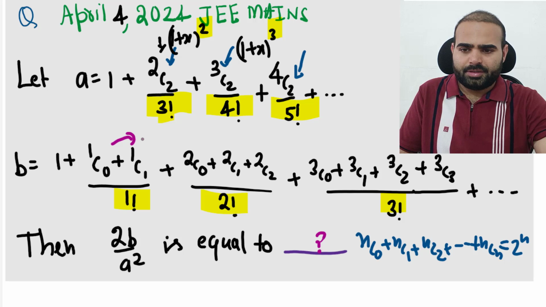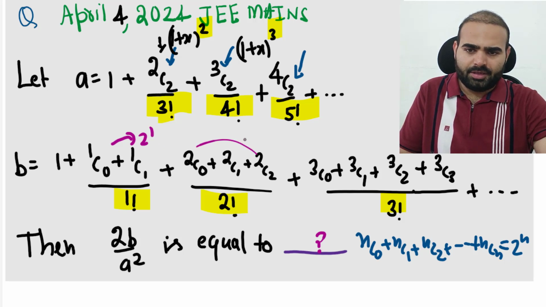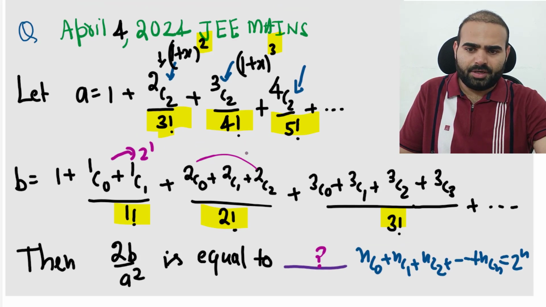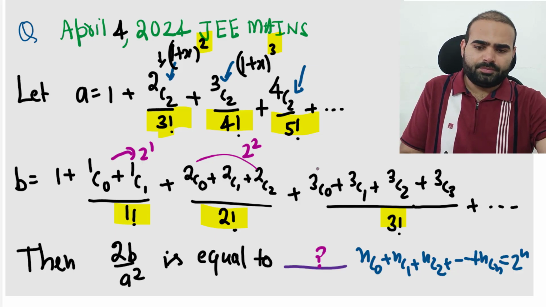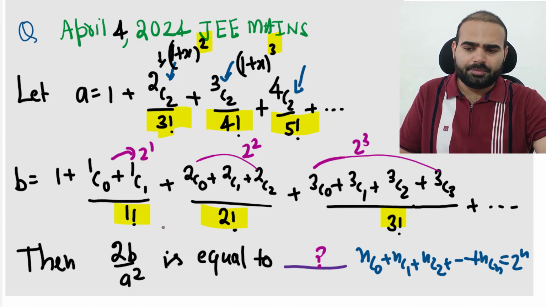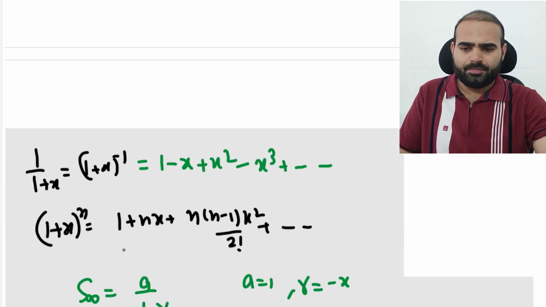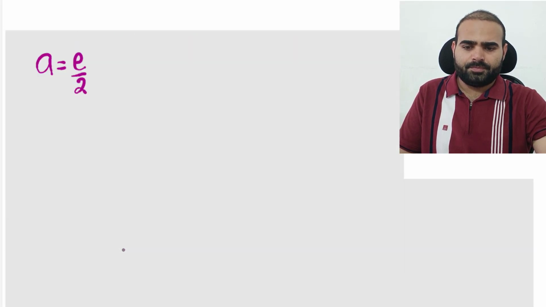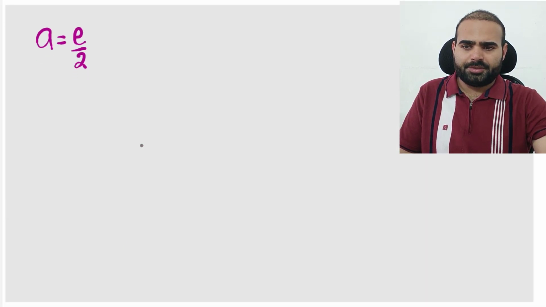So this part is 2 power 1. This part is 2 power 2. This part is 2 power 3. So this is our b. Let me write the b this way. Then we'll get the answer. So I'm just writing my b here.